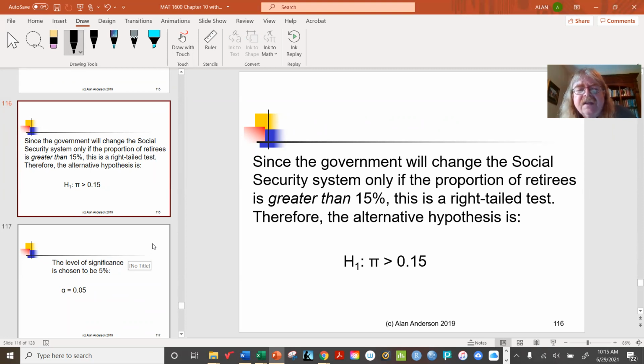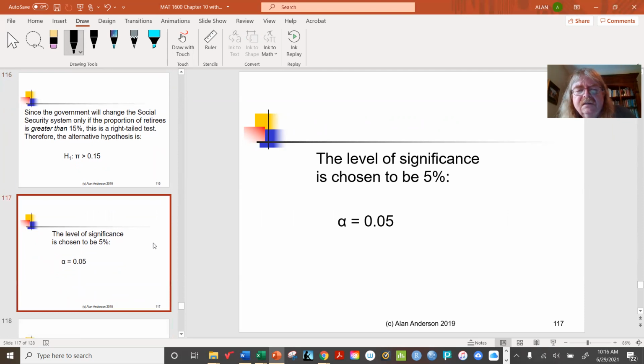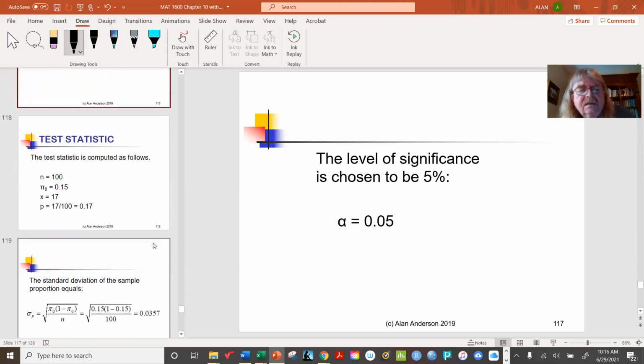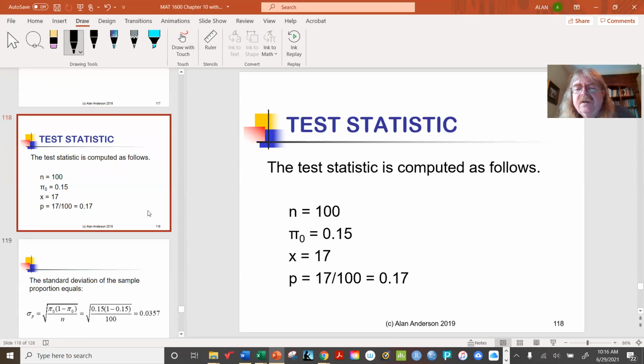And then let's construct our test statistic. Okay. So this is what we know so far, which we've already seen. Oh, sorry. The sample size is 100. The hypothesized proportion is 0.15.